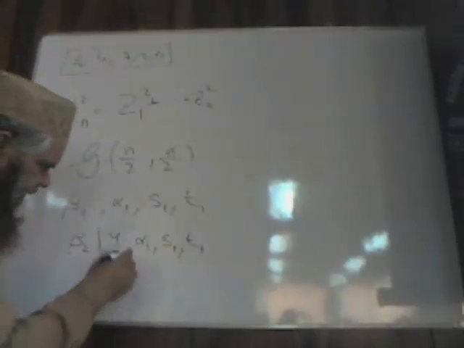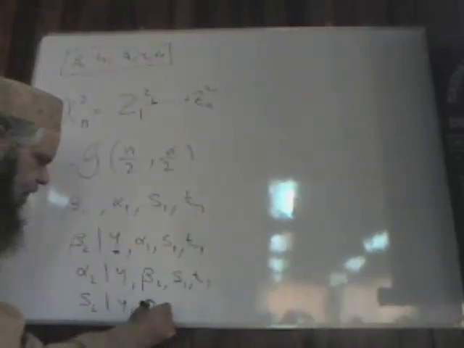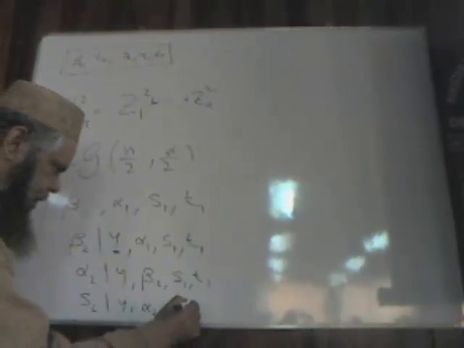I think it makes no difference. I'm not sure anymore, it's been a long time. But basically what you do is, you generate alpha 2 given y, beta 2, S1, T1, and then S2 given y, alpha 2, beta 2, T1, and then T2 given y, alpha 2, beta 2, S2.